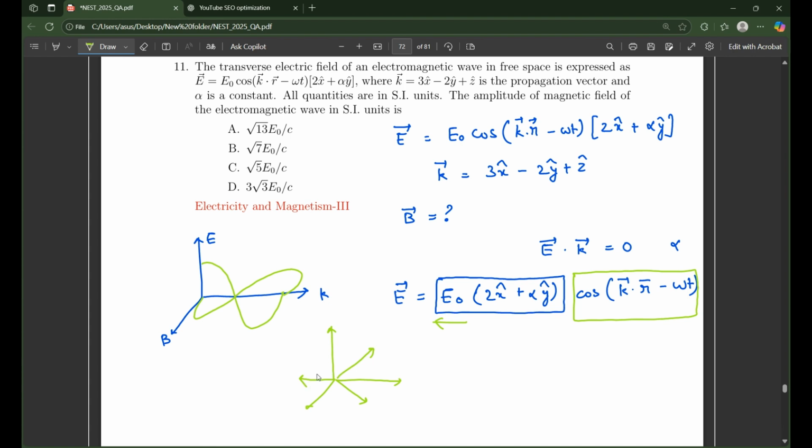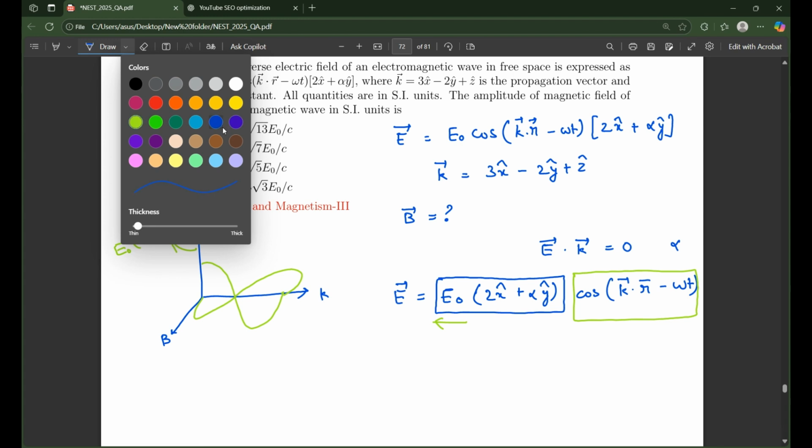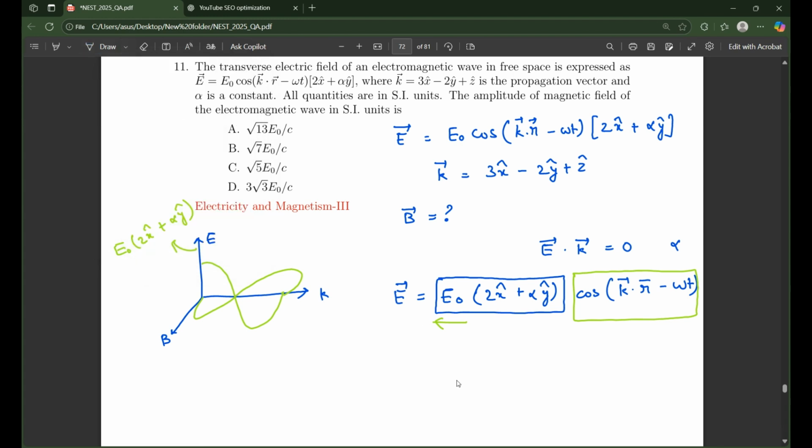These directions are all given by this. So basically, this is the direction vector. It is provided as E naught into (2x plus alpha y). This is the electric wave, and E naught is the magnitude.